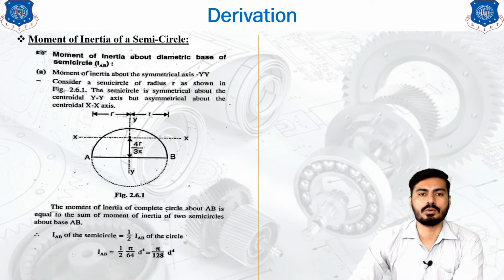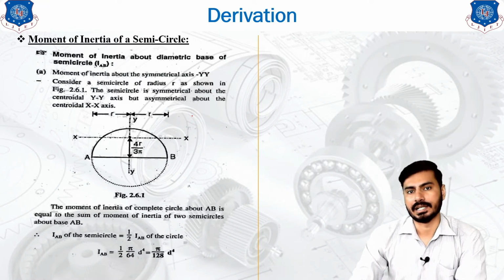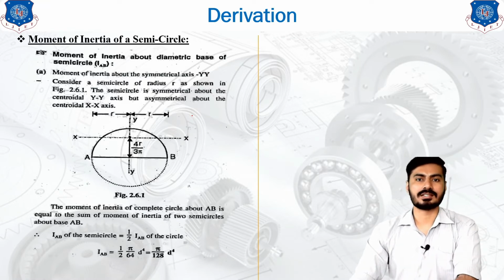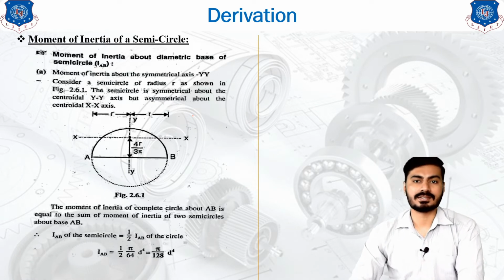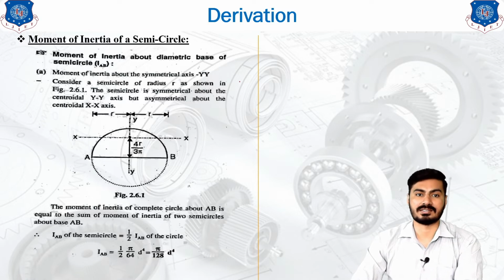First, pay attention to the diagram. We know that the moment of inertia is dependent on the axis only, and if your axis changes, your distance from the reference axis will be different, and that's why your moment of inertia will change. First of all, we will see the moment of inertia about the diametric base of the semicircle.